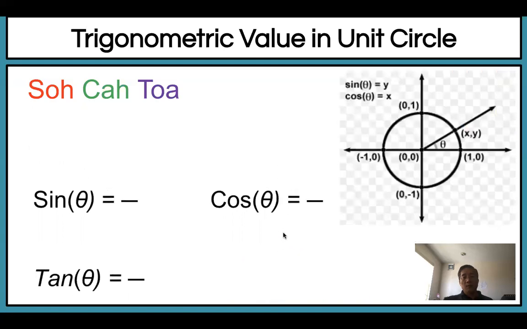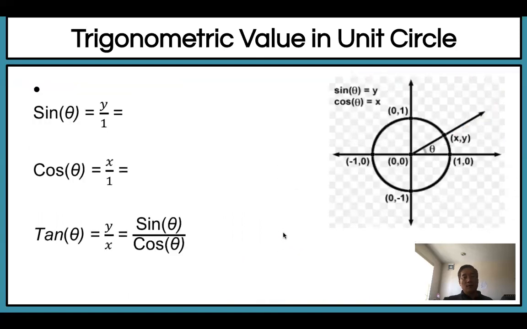All right, so let's go with one example. But in the unit circle, one unique thing is, let's say the angle is here. Sometimes your angle is over here in the second quadrant, third quadrant, or fourth quadrant.